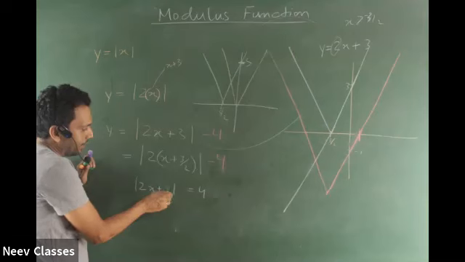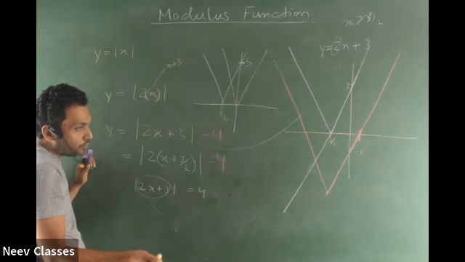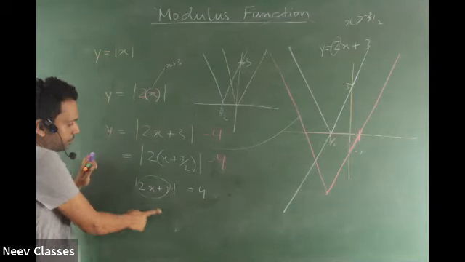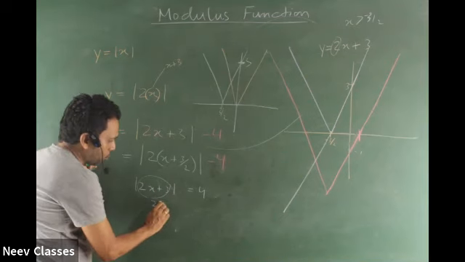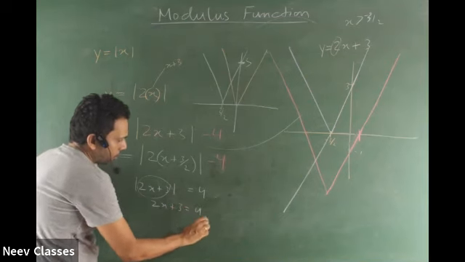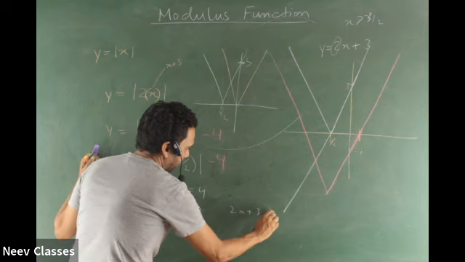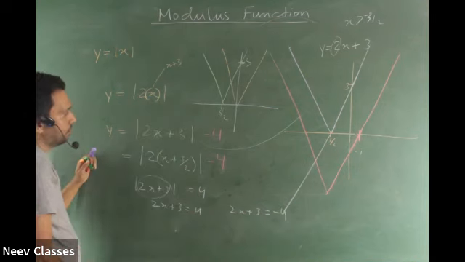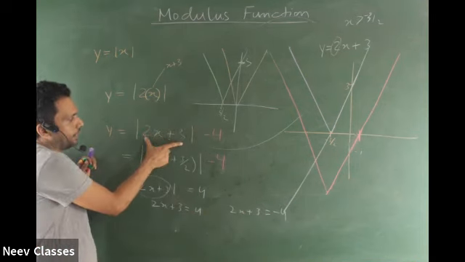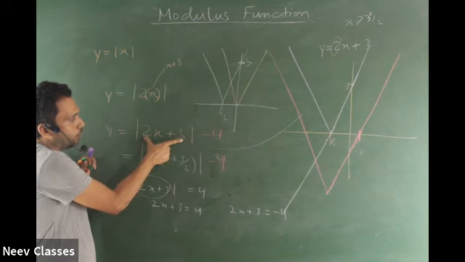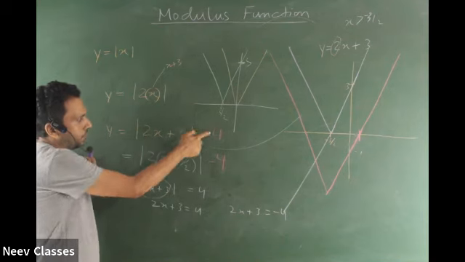That means the inside guy is either 4 or minus 4, right? We have already done this in the first few minutes. So 2x plus 3 is either 4 or 2x plus 3 is minus 4. When this guy is 4 or this guy is minus 4, both times the mod will be 4, and 4 minus 4 will be 0, right?